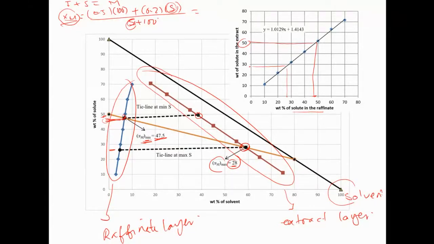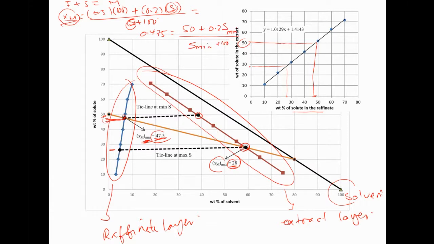So basically we can write this equation again based on the minimum. You're going to say 0.475 is going to be 50 here, plus 0.2 is minimum, divided by S minimum plus 100.